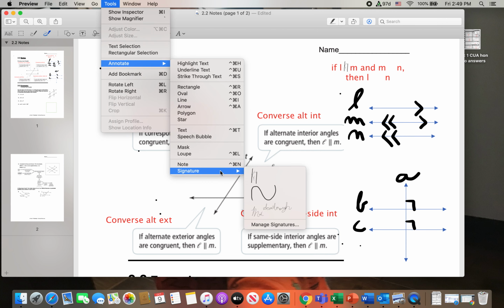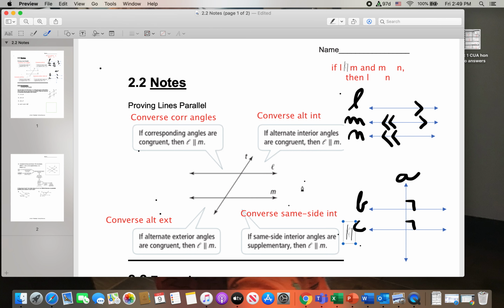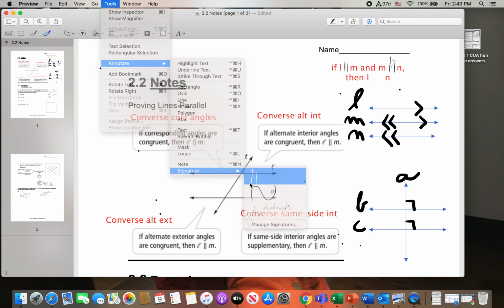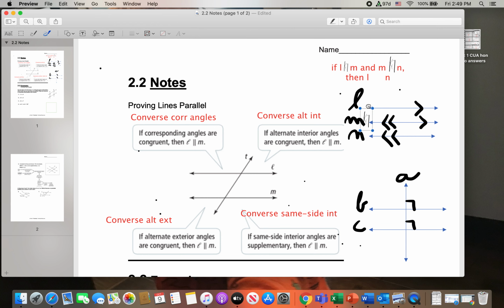Annotate, signature, pick this one. There it is. Move it right there. And tools, annotate, signature, pick this one and move it right here. And make it a little bit smaller maybe. But basically, if L, whoa. How'd I get my drawing tool again?